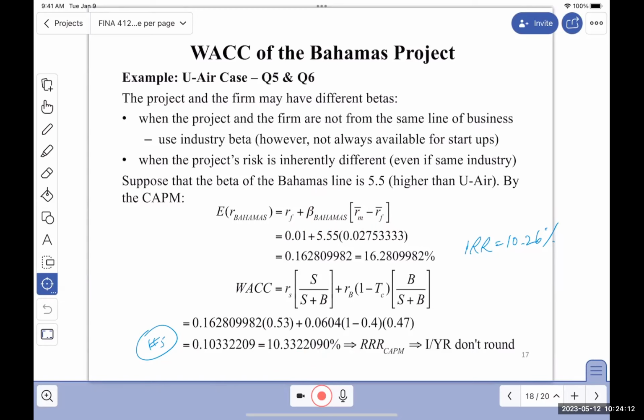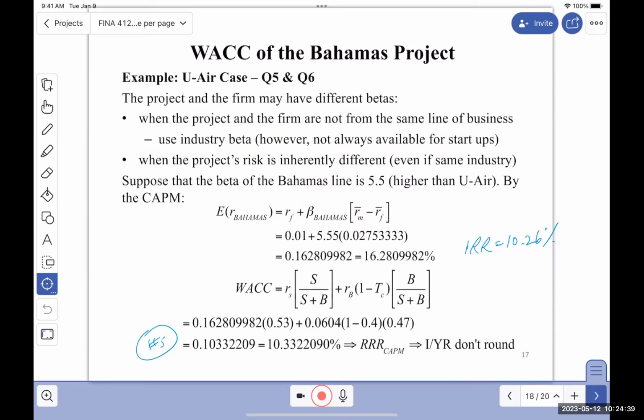In this case, to calculate the beta for Bahamas, we had to look at what other firms were doing. But what about startups that don't have industry data? Startups are a whole new industry, a whole new invention. Who are they going to get data from? So they make many estimates, many guesses, and proceed with caution.